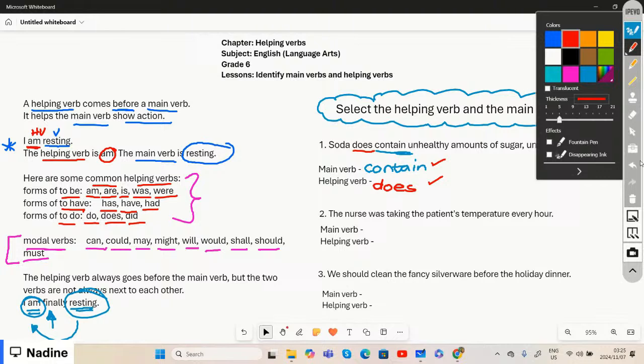All right, as long as you guys are okay. Do we understand helping verbs? Do we understand what a main verb is? Or should I go over what a helping verb is?